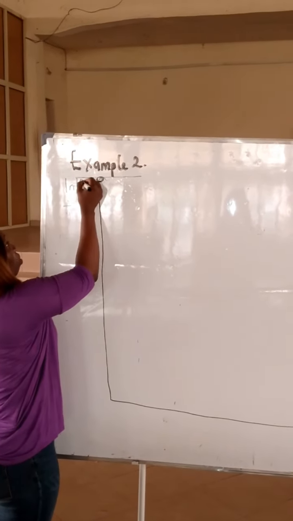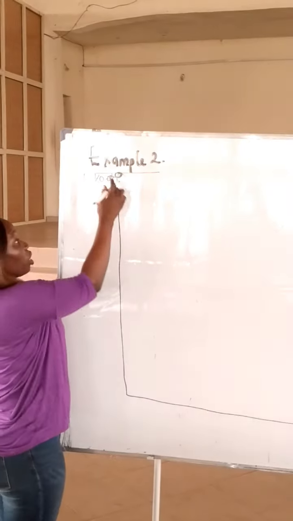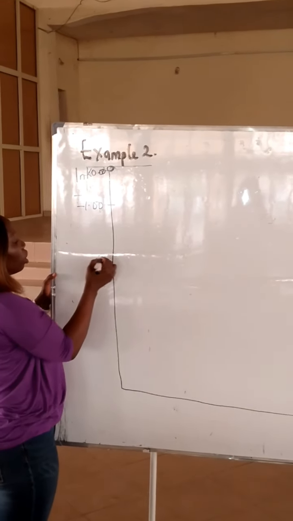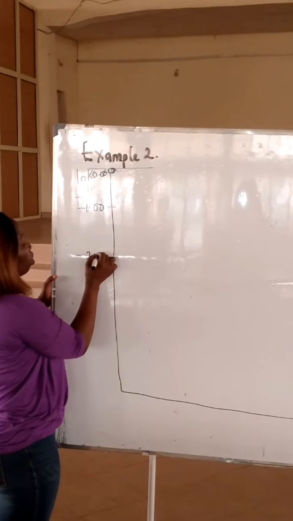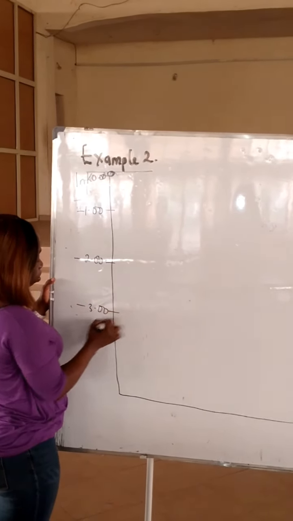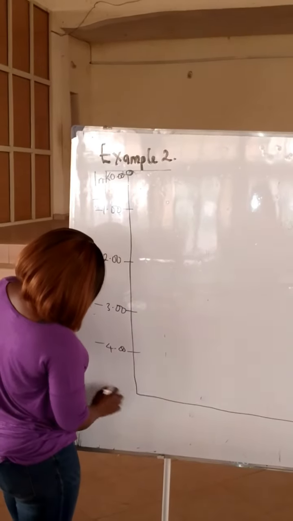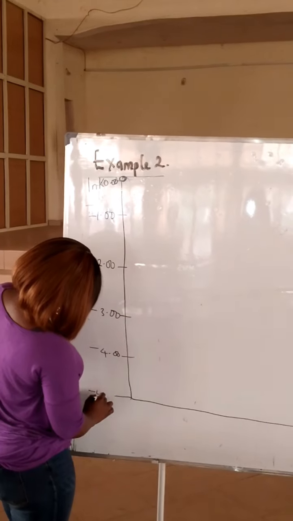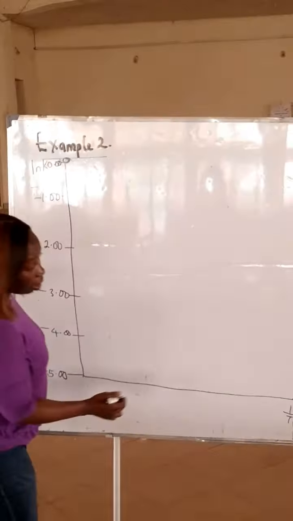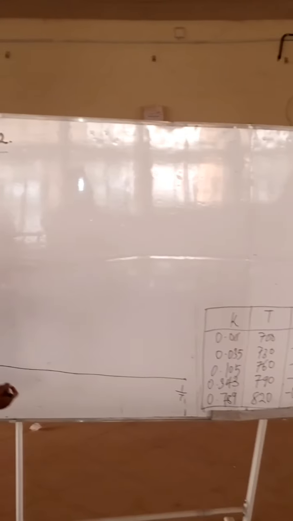We'll be starting from 0.0. We are going to take the line in 1 centimeter: 0.0 to minus 1.0, minus 2.00, minus 3.00, minus 4.00 and minus 5.00.